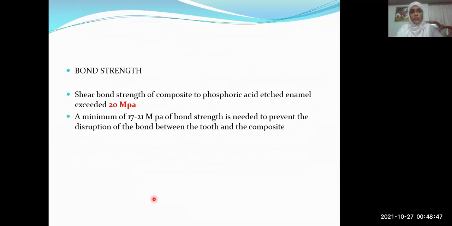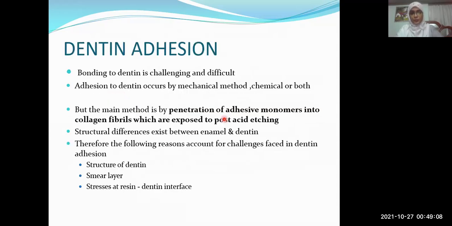The shear strength of composite to phosphoric acid etched enamel is nearly 20 MPa, and ideally we need at least 17 to 21 MPa of bond strength to prevent disruption of the bond between the composite and the tooth, which is easily achieved by etching with phosphoric acid.